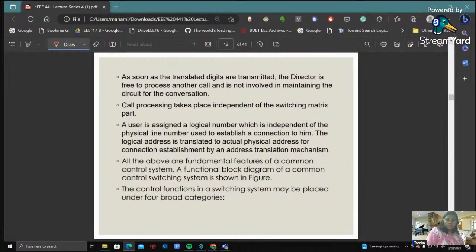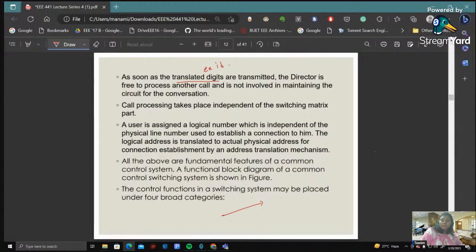So now the subscriber ID. As soon as the translated digits are transmitted, the director is free to process another call. So the translated digits from the exchange ID are transmitted, and the director is free to process another call.